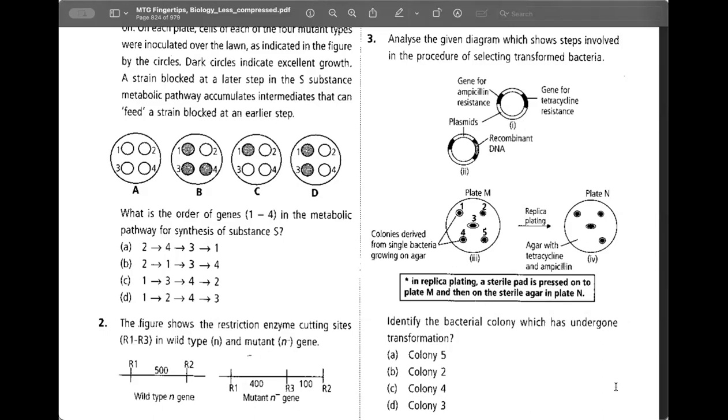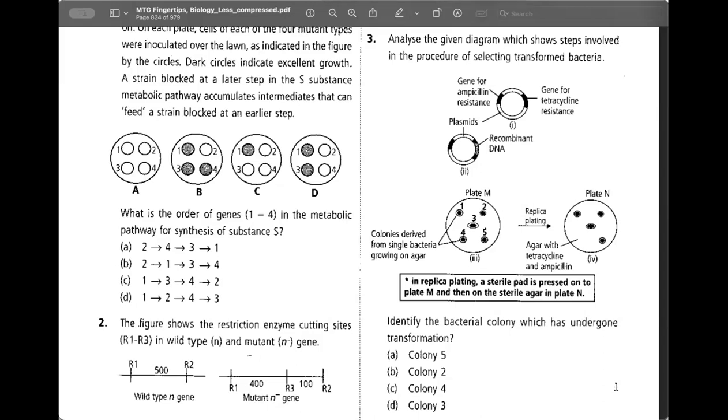So this is a little time taking. So 4C, option C, colony 4, right?